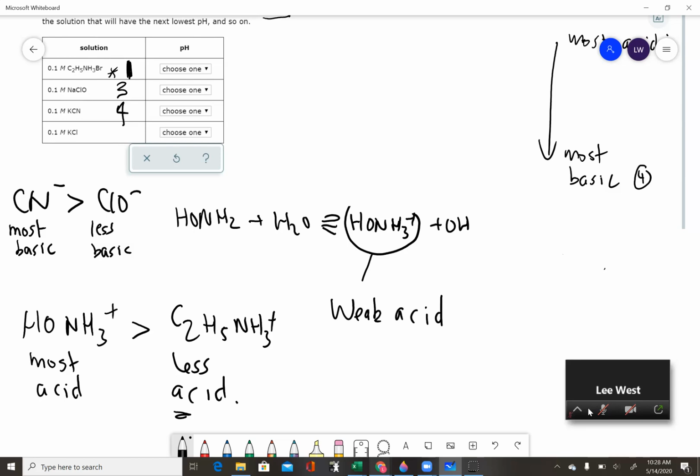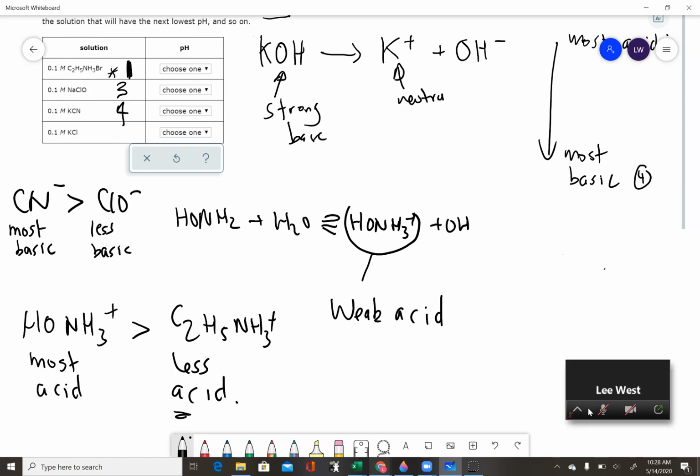So we have to look at the cation. What base does K plus come from? Well, it comes from a strong base, KOH, and strong bases make neutral cations. So the cation isn't going to affect the pH in this case.